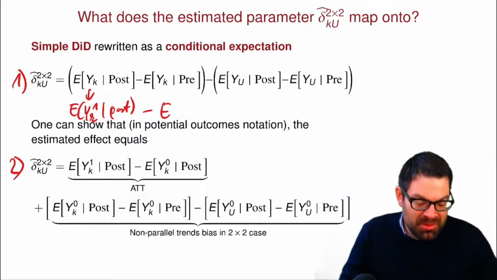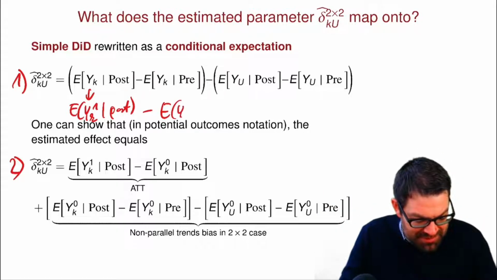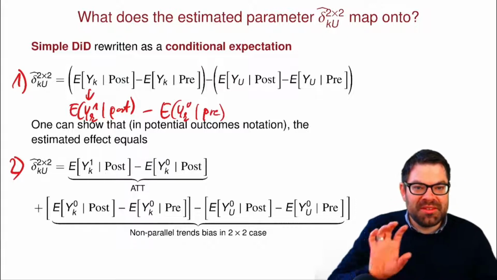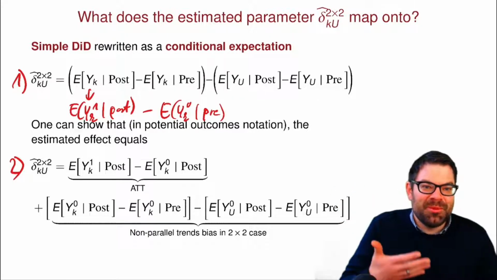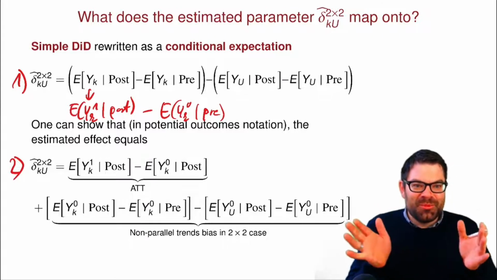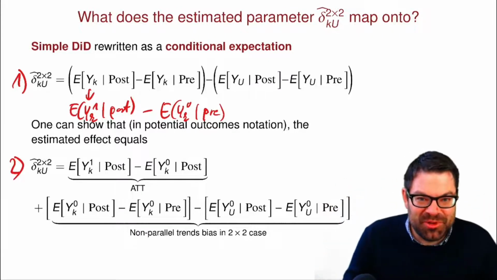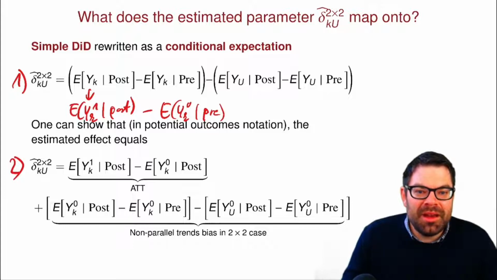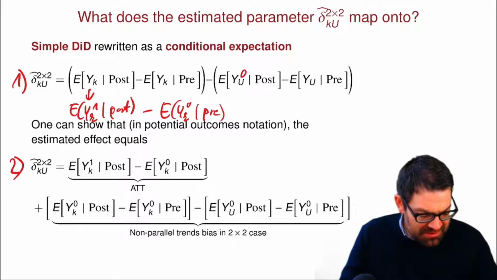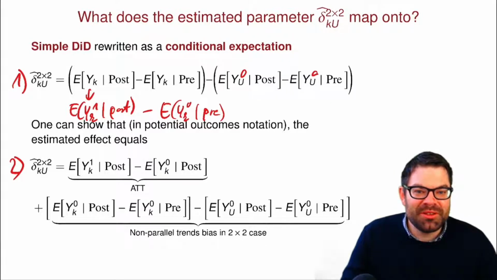It only gets treated in the post period. So we can write it as the average outcomes of the treated group in absence of the treatment before. Okay, because that's the same as if we say, well, that group gets treated, but it hasn't been treated yet. So there is no difference between those two states. The difference comes afterwards when the treatment actually happened. And then here in the second parenthesis, well, that's the untreated group that doesn't get treated at any time.